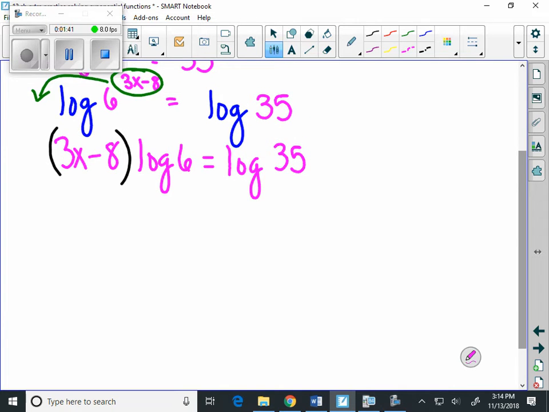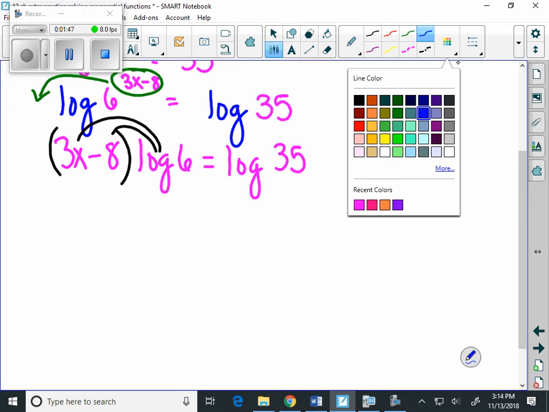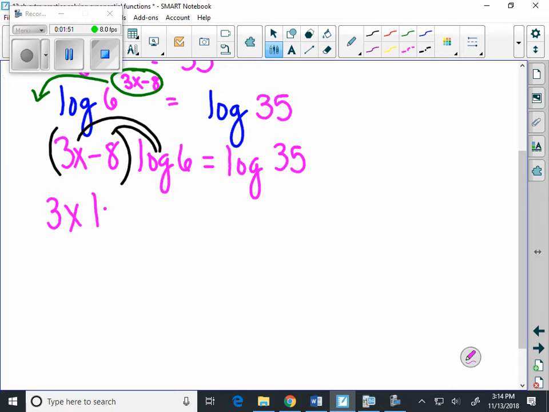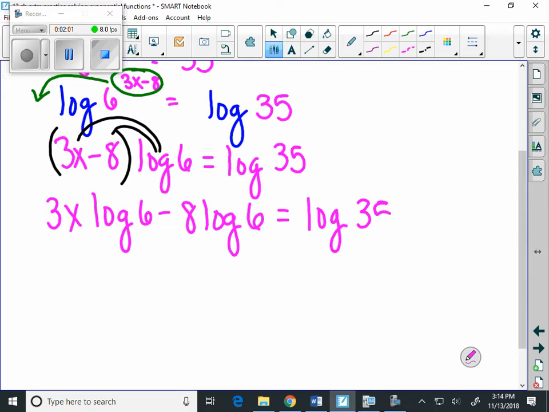Log of 6 is going to be distributed over the 3x and the 8. So now we have 3x log 6 minus 8 log 6 equals log of 35.